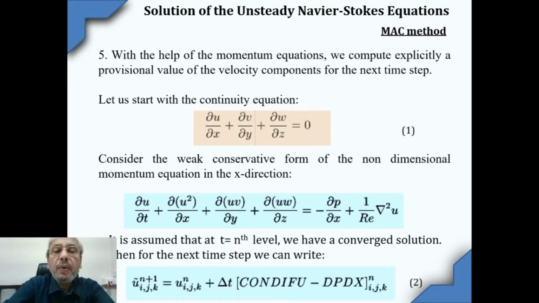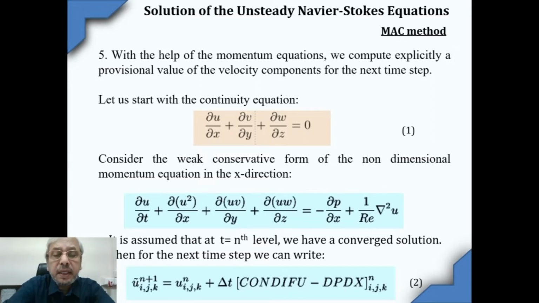Then with the help of momentum equations, we compute explicitly a provisional value of the velocity components for each time step, and then from that provisional value we get the real value or the converged value or final value for that particular time step. Now, when we discuss the flow equations, obviously the first equation that comes is the continuity equation.